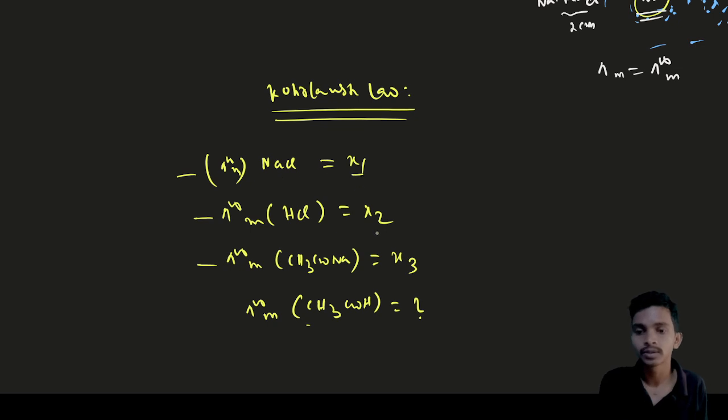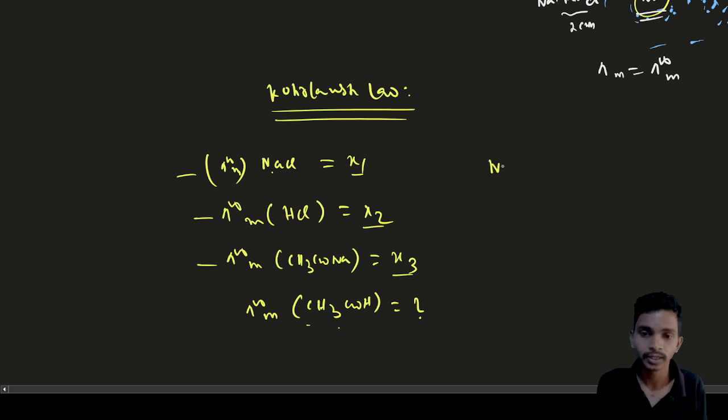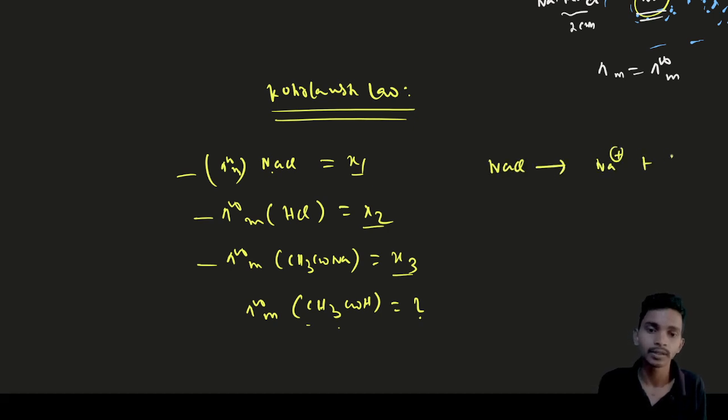So suppose we know these values, then using them you have to find this value. Since NaCl is a strong electrolyte, it completely dissociates into Na+ plus Cl-. In some books it is written like this also.